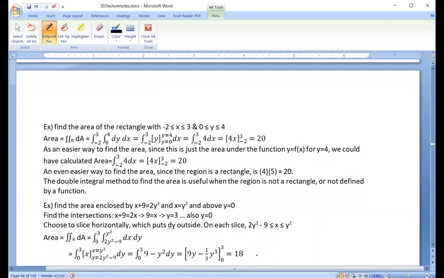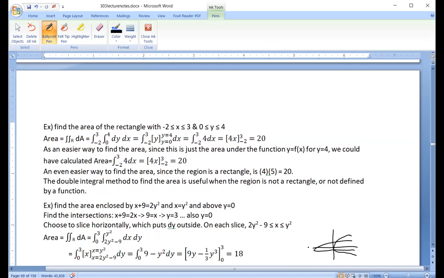Notice that the region that we've described is a very strange region. It actually looks something like this, with y squared and then 2y squared minus 9.